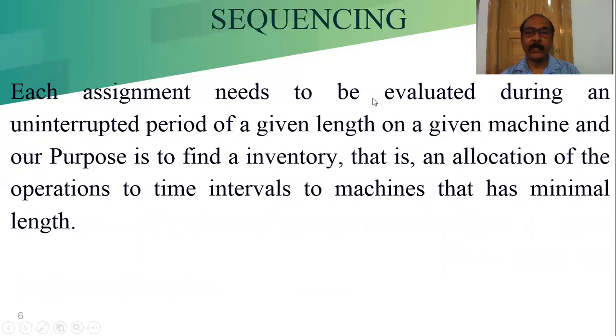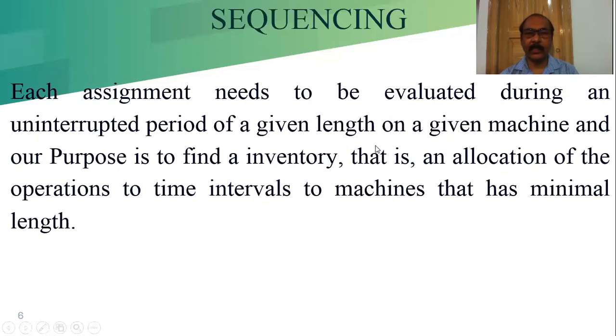Each assignment needs to be performed during an uninterrupted period of a given length on a given machine. That means when a job is processed on a machine, it will take time, and that time is the uninterrupted time consumed by that machine to process the job.